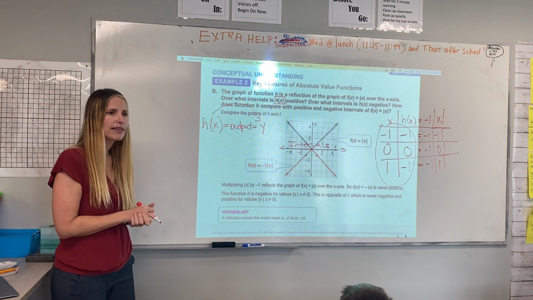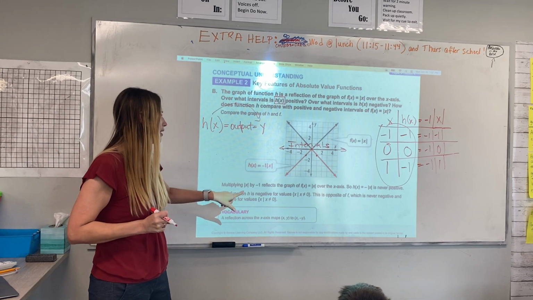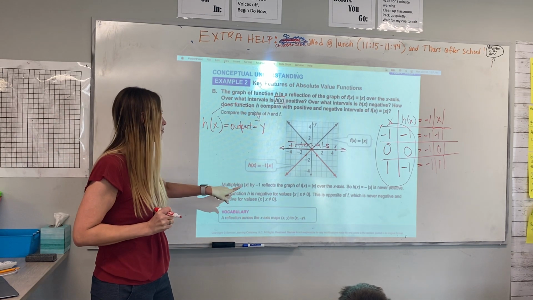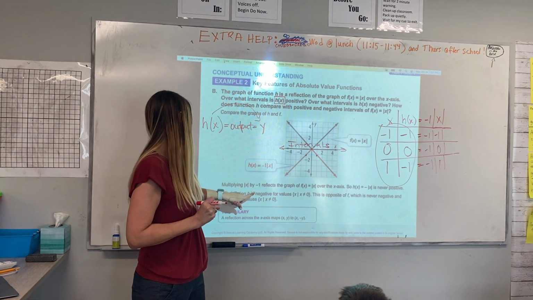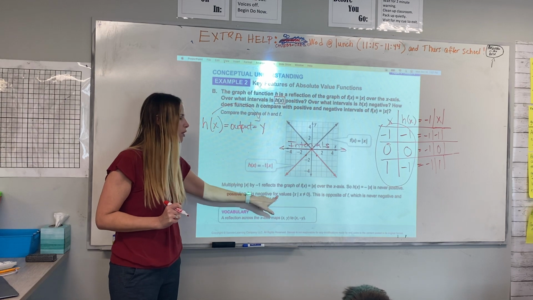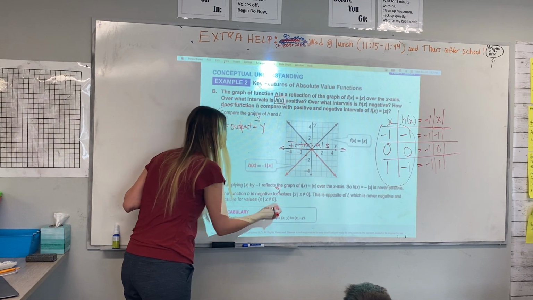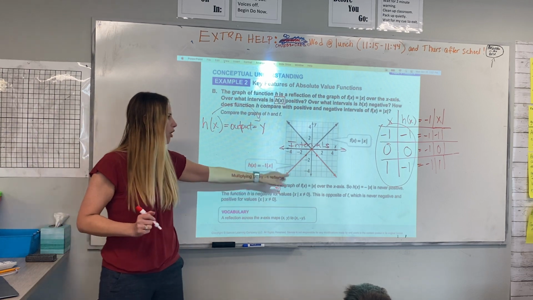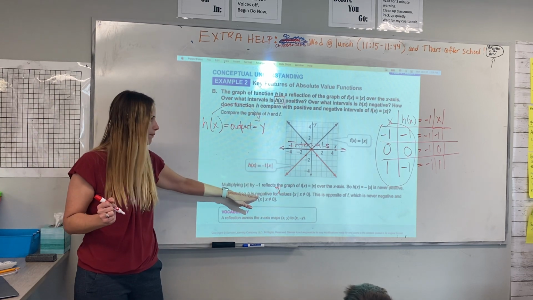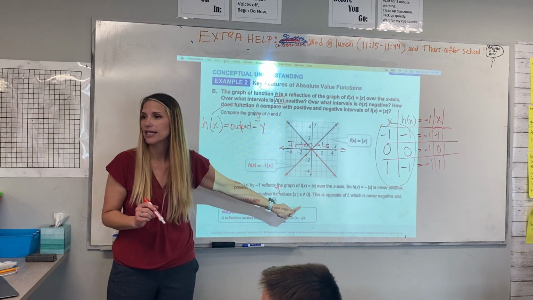The way that we would write what Carmine just said is: the function is negative for all values, all intervals, when x doesn't equal 0.